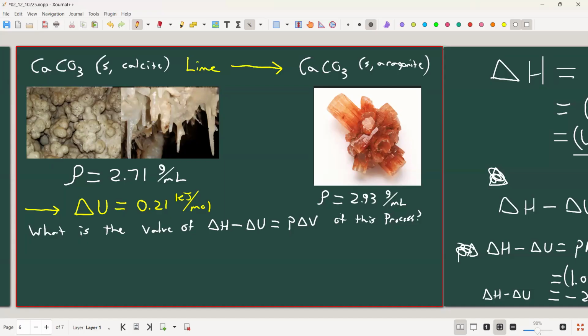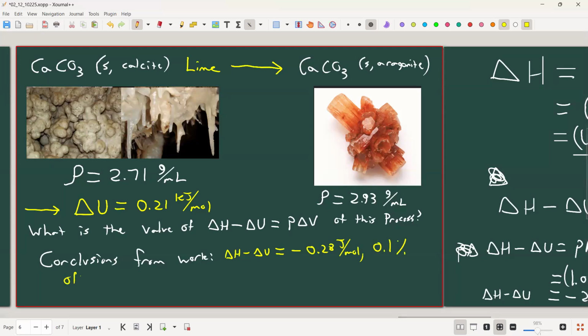So I'll write that here. Conclusions from the next page. Right. That P delta V, the delta H minus delta U, is equal to minus 0.28 joules per mole, which is like 0.1% of total energy required for the process.